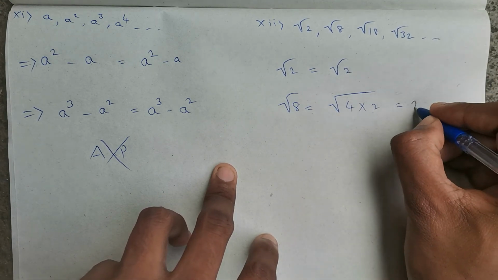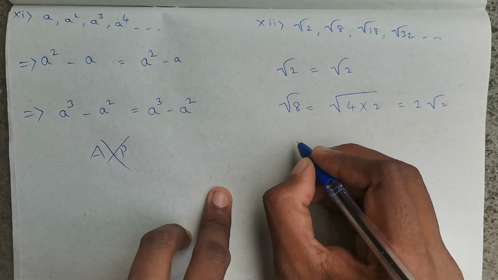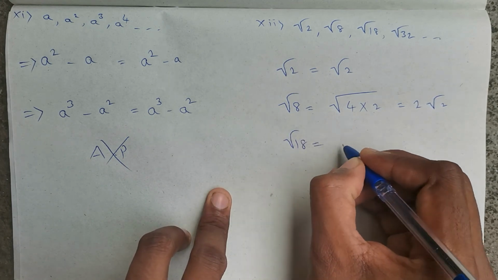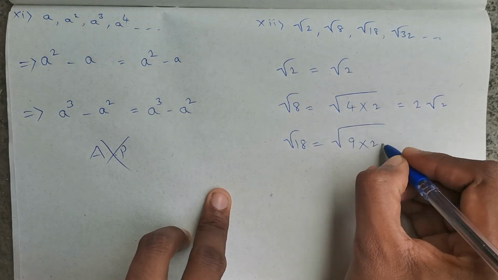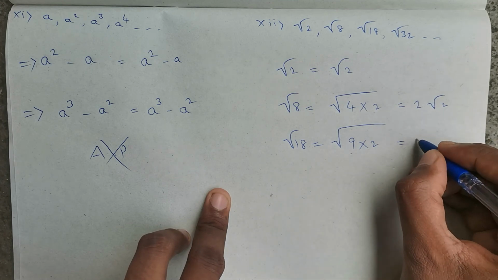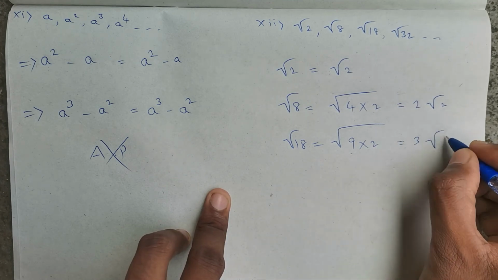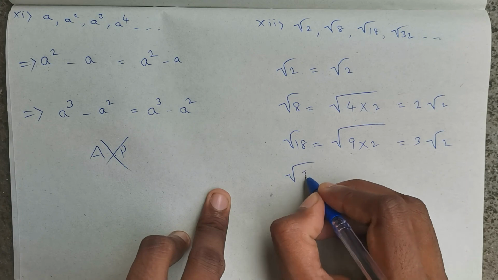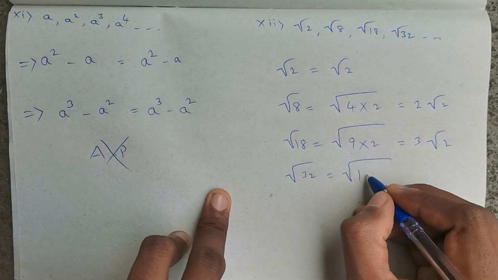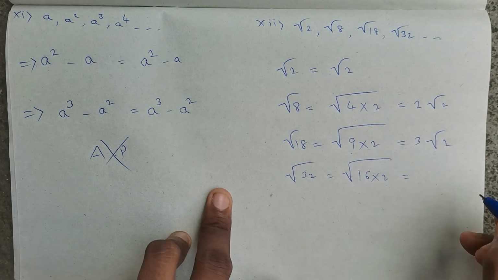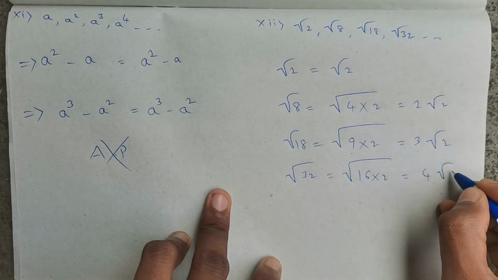Root 4 is 2, root 2 as it is. Next, root 18 is root 9 times 2. Root 9 is 3, root 2 as it is. Next, root 32 is root 16 times 2. Root 16 is 4, so 4 root 2.